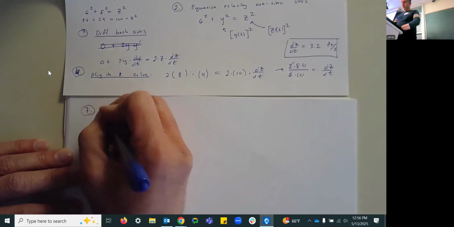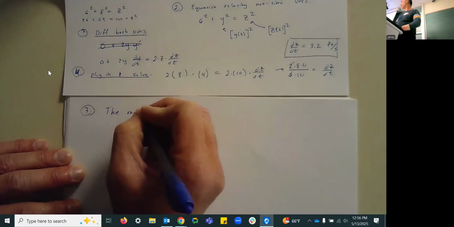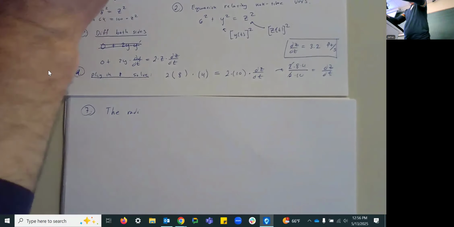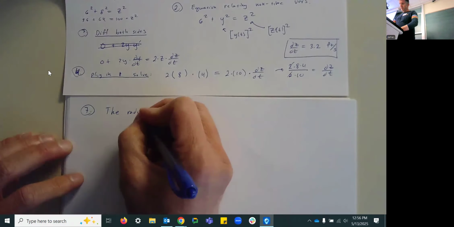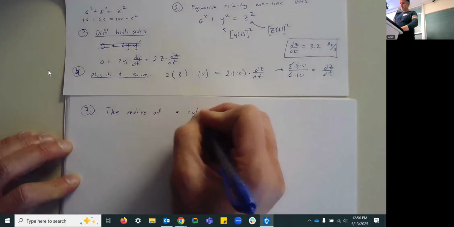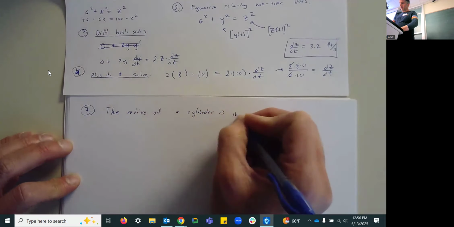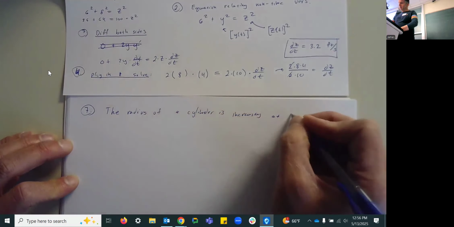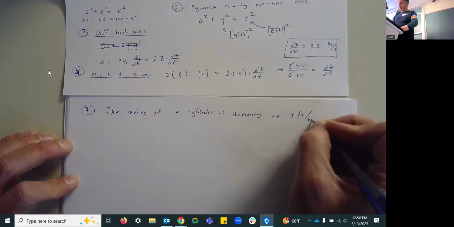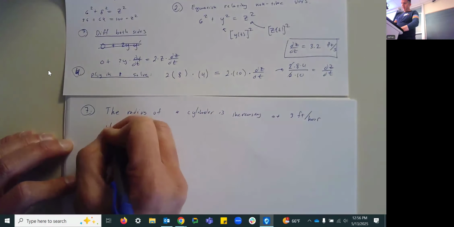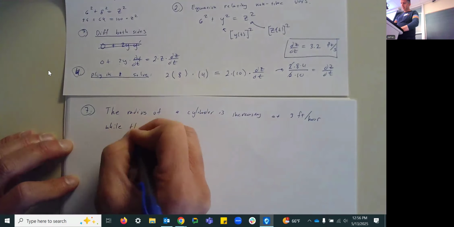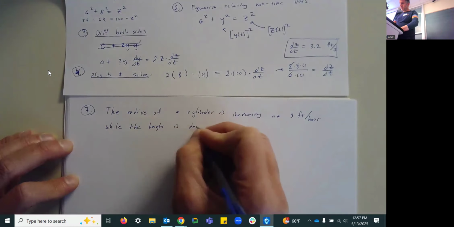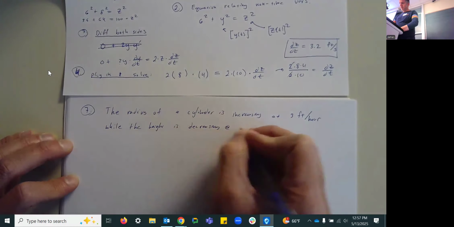So the setup here is that the radius of a cylinder is increasing at 3 feet per hour, while the height is decreasing at 2 feet per hour.